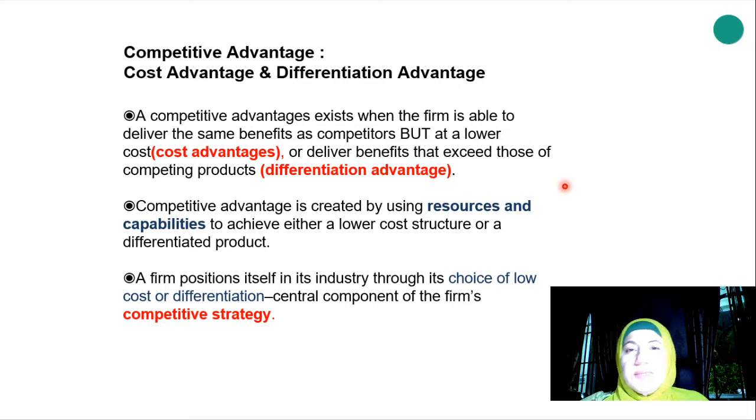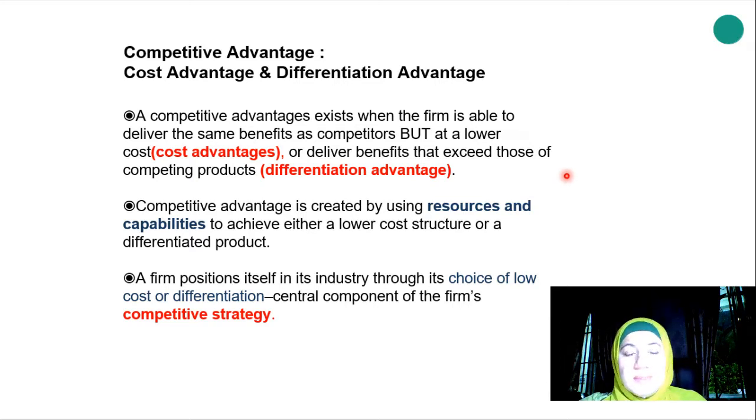How do we know whether the firm's competitive advantage exists? We know that the competitive advantage exists if the firm is able to provide the same benefits as competitors but at a lower cost, or the benefits could be better than those of the competitor company. The benefit that is better, or rather unique, is called differentiation advantage.